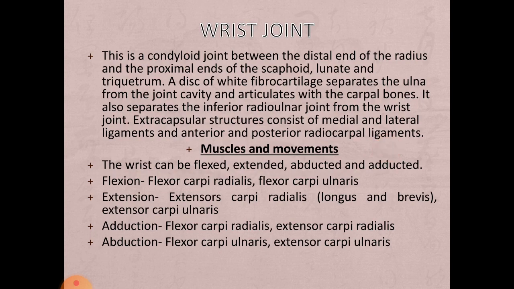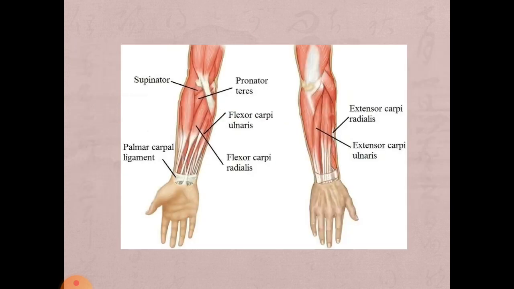Next, we have the muscles that are basically involved in the movements around the wrist joint, and we will discuss them individually.